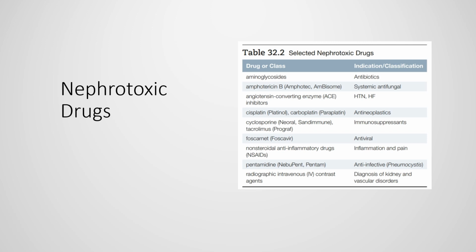Pentamidine, we'll skip over that. It's not that important. Radiographic intravenous contrast agents. So we use dyes to enhance certain parts of the body when we're doing CAT scans, for example. We'll inject a dye, and then we'll either do a CAT scan or an MRI to look at that organ that we're trying to get good images of.